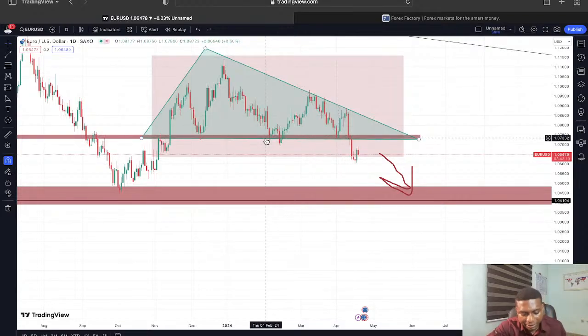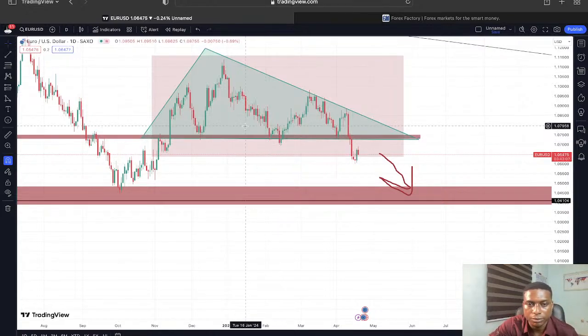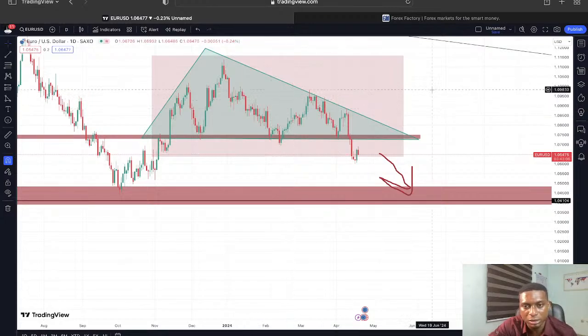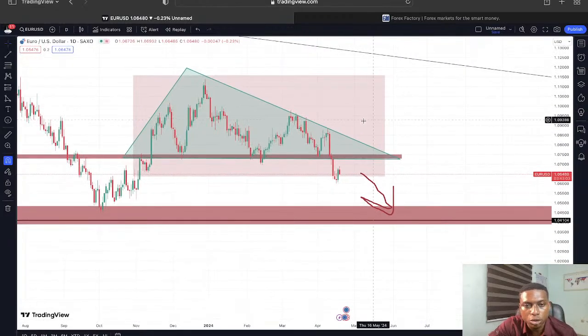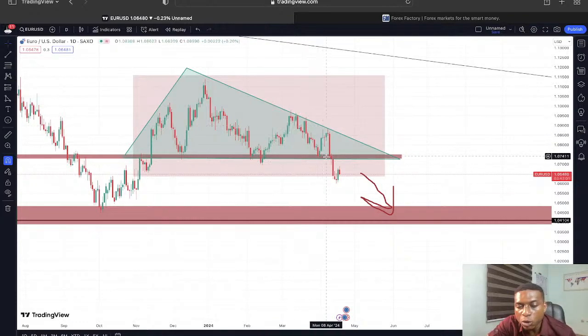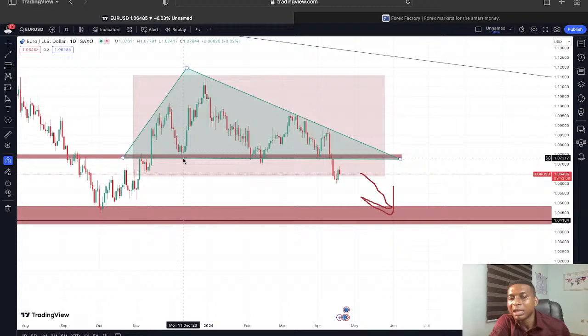Now this is very important. So if you look at this closely, I'm going to explain something that would help you to see potential breakouts.